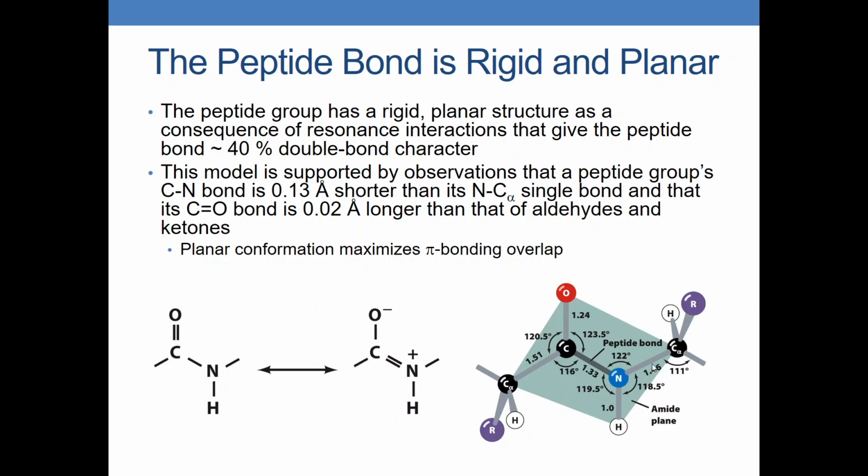Together, these three covalent bonds are all approximately coplanar and form a coplanar set of atoms where you have one plane per peptide bond. So if you think about this in the context of a larger polymer, a larger polypeptide or protein, every peptide bond basically can be thought of as a plane.